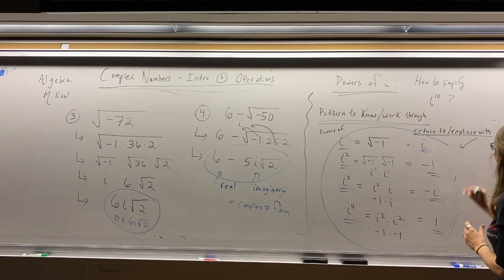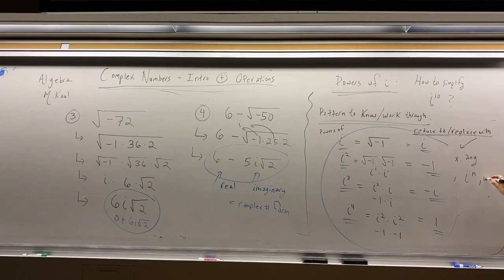So any i to a power of n, where n is greater than 4, we want to reduce by factoring out the highest multiple of 4.